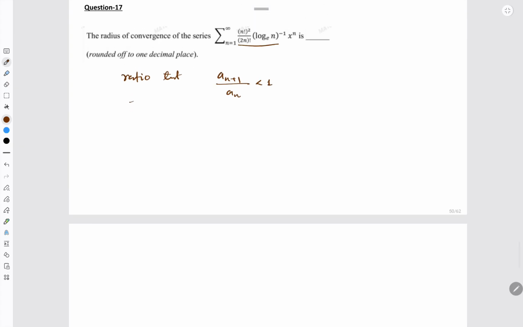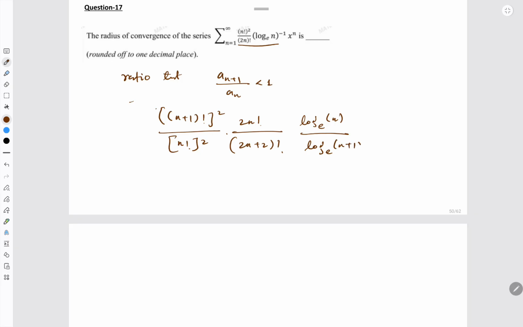So I can actually calculate this: n plus 1 factorial square by n factorial square by 2 of n plus 1 factorial, 2n factorial by 2n plus 2 factorial, and that is log e n, log e n plus 1, and xn plus 1 by xn, so it is x only.